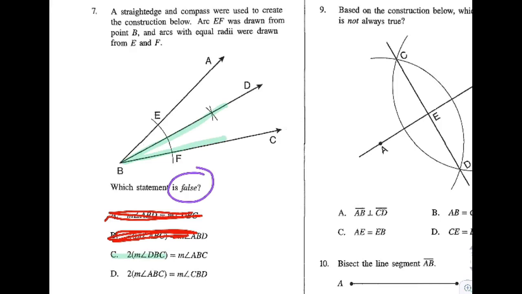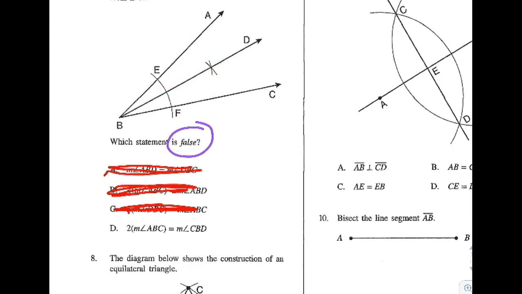There's a DBC. There's an ABC. No, that's true too, because 2 of the small ones do equal the big one. So it looks like we're headed toward choice D. Let's read it. 2 ABCs equal a CBD. No way does 2 of those equal anything there, because that's already the big one. So that's the one that's false.